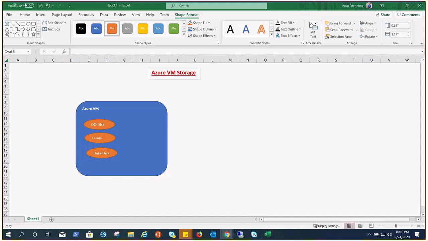Azure VM, or any VM, uses disk for the operating system. That's your C drive. Usually your applications you can put either in the C drive or in the data drive, and of course your data. Each Azure VM has at least two disks, OS disk and temp disk, to store the operating system, and a temporary disk for the page file.